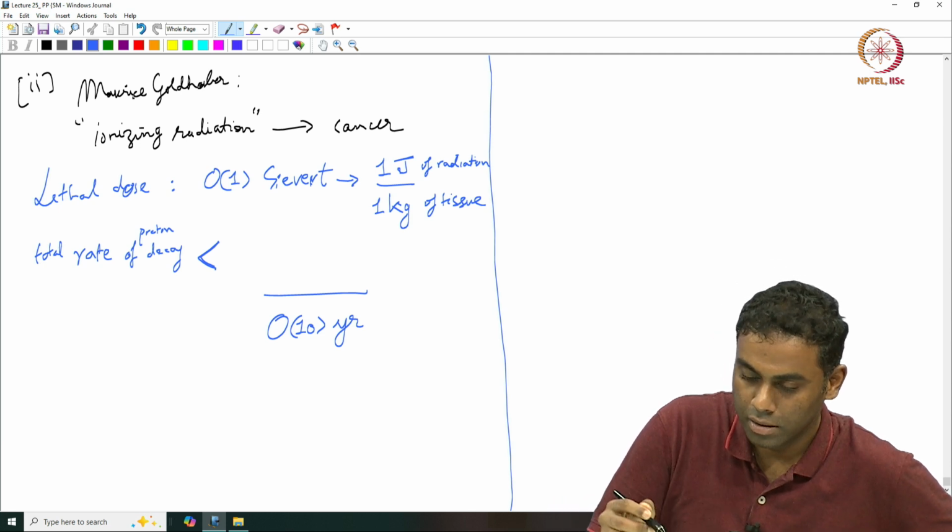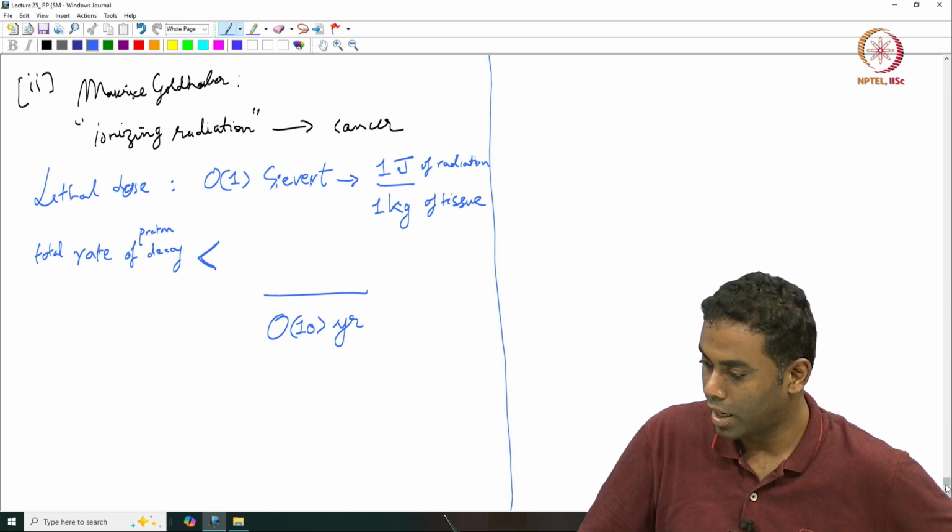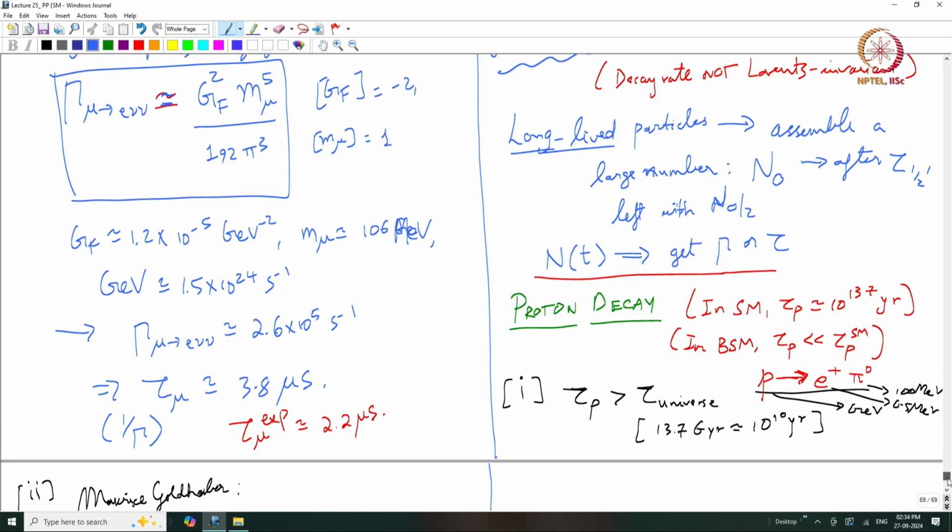So, 1 joule of radiation would mean I need 1 joule of energy from protons. Now I just said that half the energy, you can even say that even the pion will go and actually produce radiation ultimately, because the pion also decays to 2 photons. So all of this is radiation.